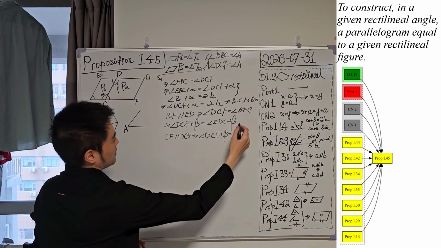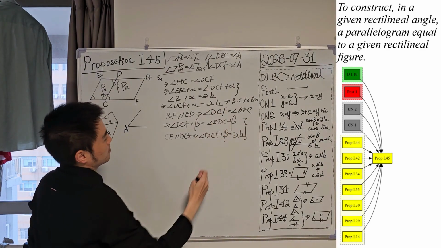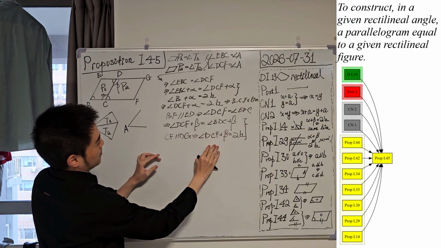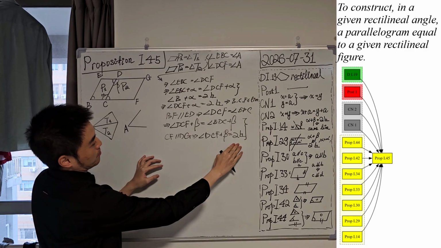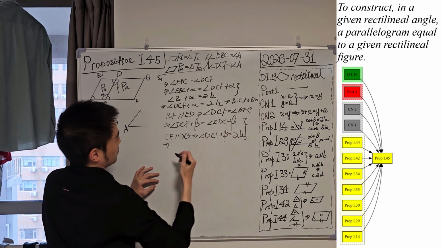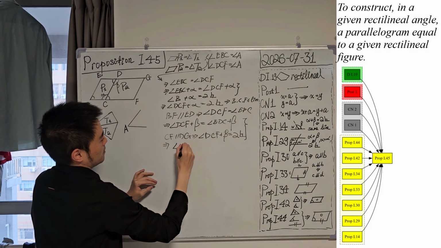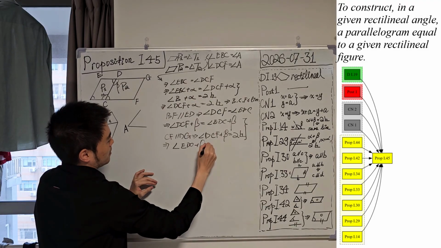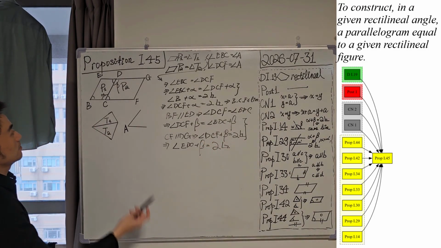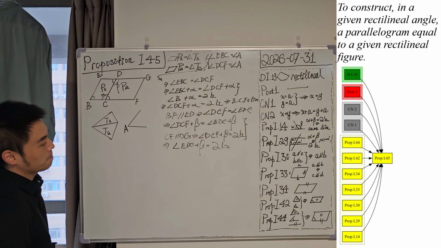So if we combine them together, what do we know? This equals this, and it also equals two right angles, right? And if we apply combination 1 again, we can imply that angle EDC plus beta will be equal to two right angles, correct? So EDC here plus beta will be equal to two right angles.